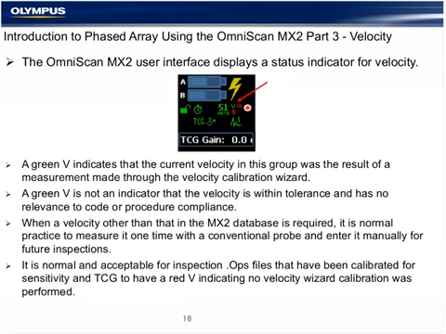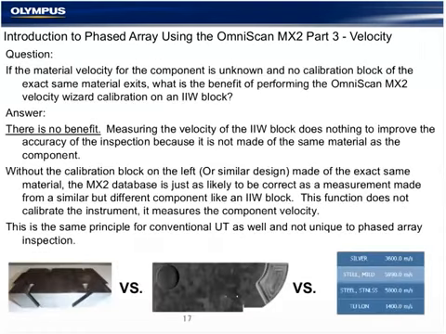So a question: if the material velocity for the component is unknown, what is the benefit of performing the OmniScan MX2 velocity wizard calibration on an IIW block? In reality, there is no benefit other than verifying the instrument's ability to measure velocity.